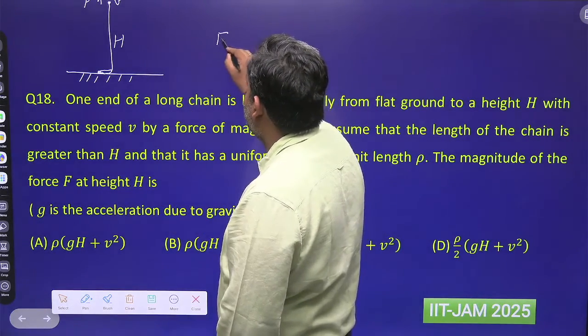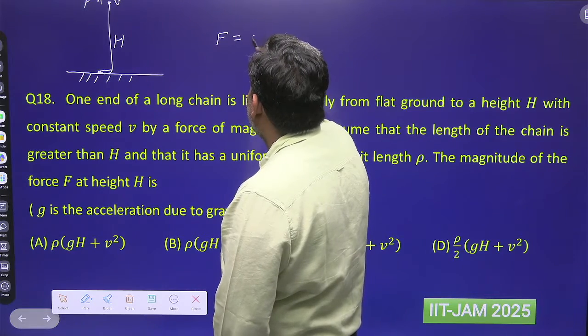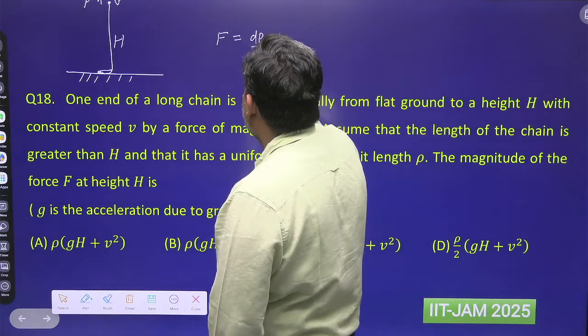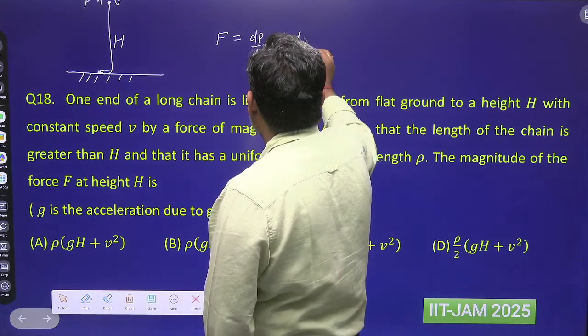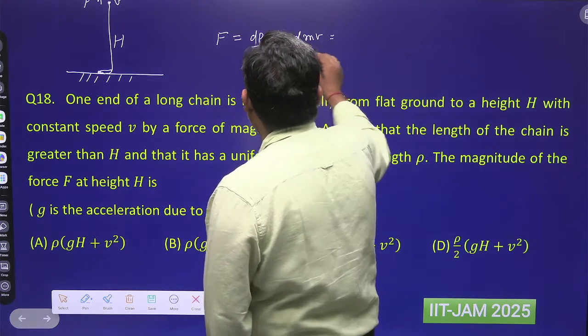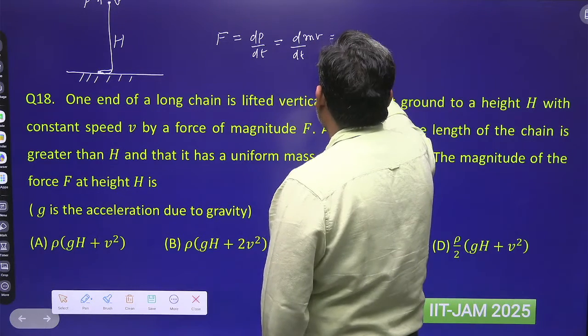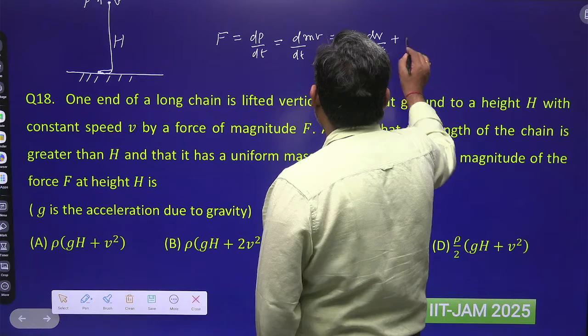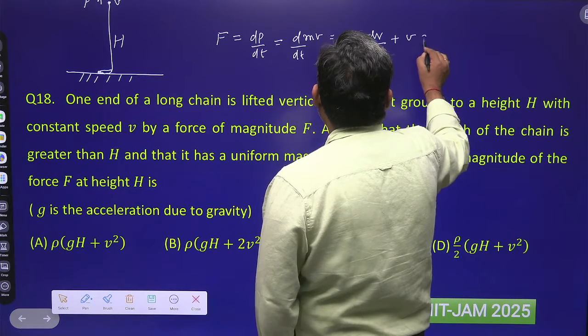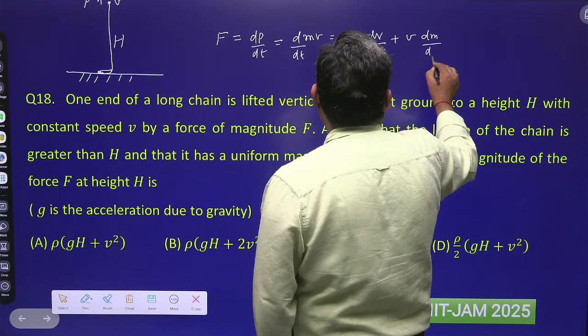So this force is nothing but dp upon dt, that is the rate of change of momentum, and we can write d upon dt of mv. So what is this value? This value is written as m dv upon dt plus v dm upon dt.